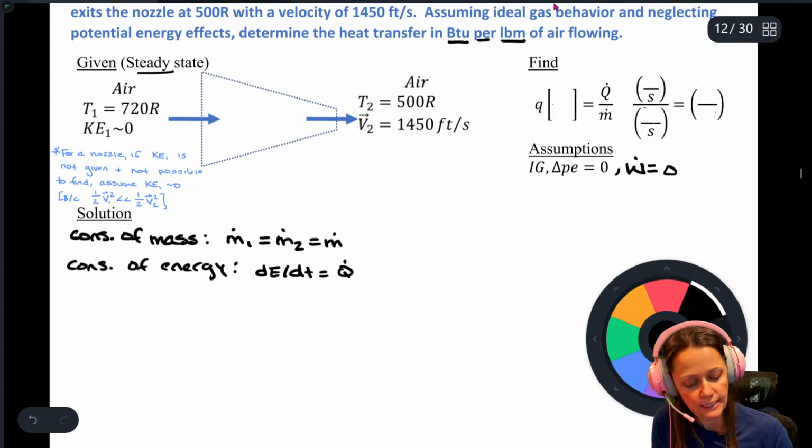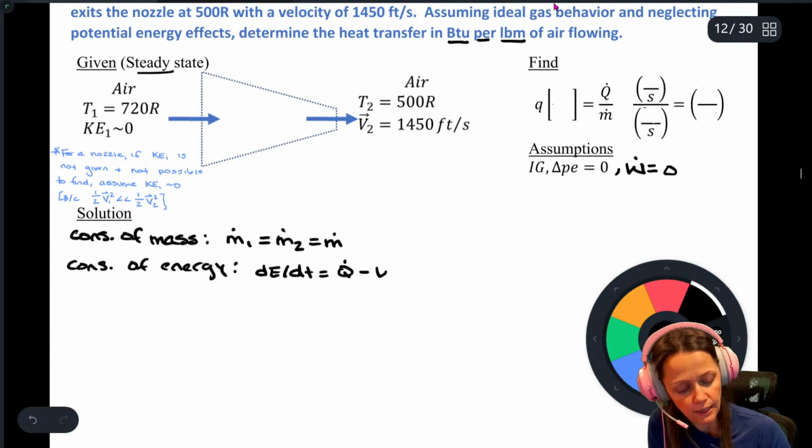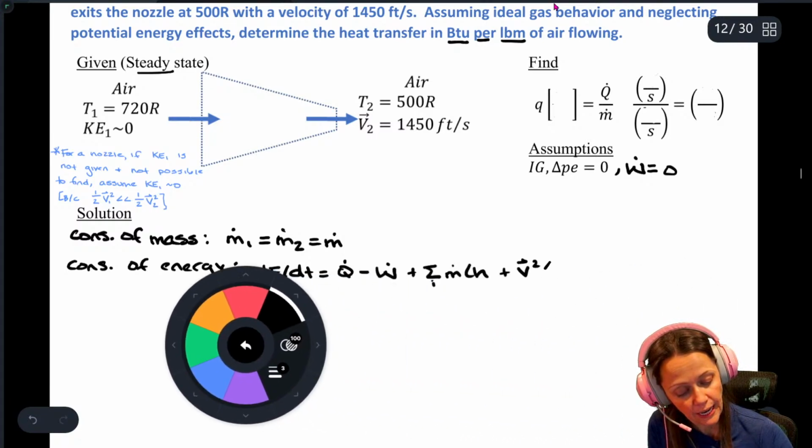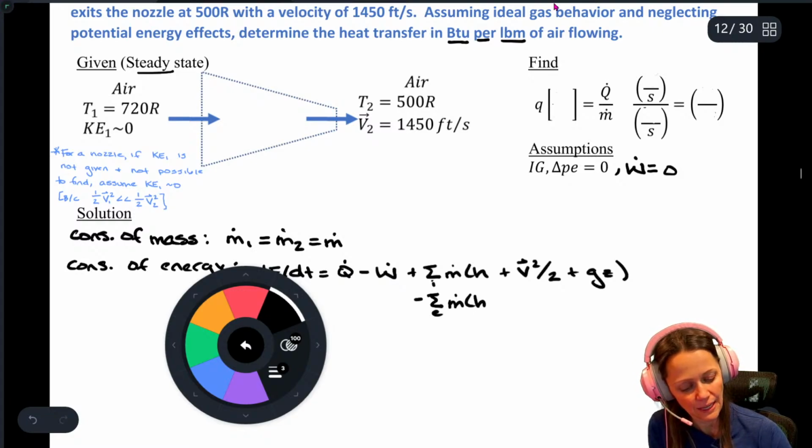So I've got dE dt equals Q dot minus W dot equals the sum of the m dot times h plus kinetic energy at the inlet plus potential energy at the outlet, and then the same thing minus the same thing at the outlet.